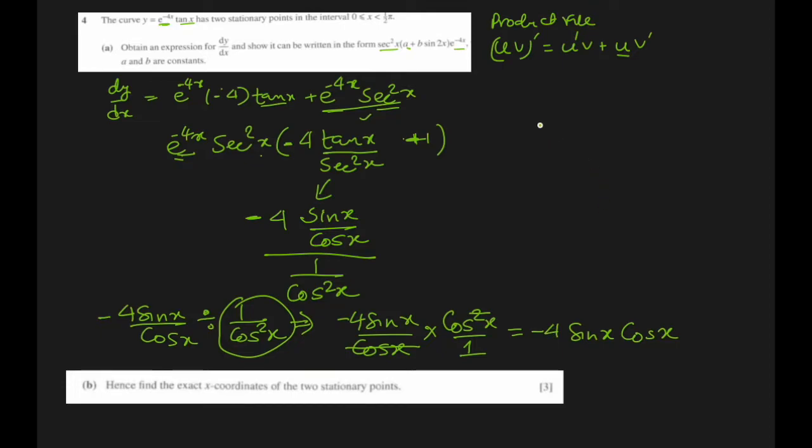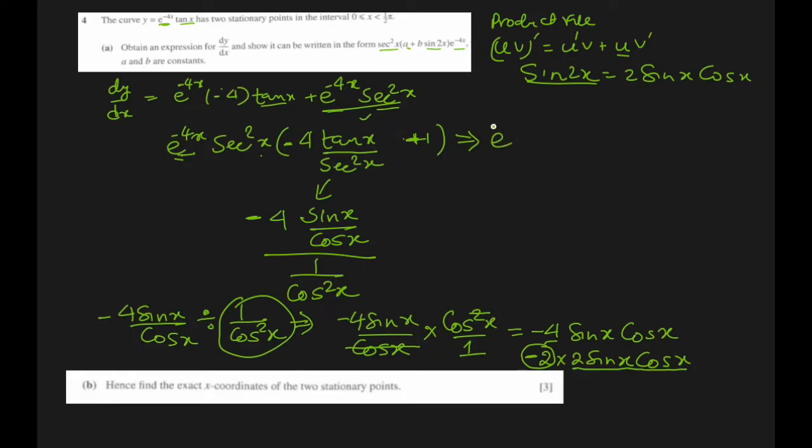Now, there is an identity, because we want sine 2x, right? So sine 2x is 2 sine x cos x. Correct? So can I write this one as minus 2 times 2 sine x cos x? And 2 sine x cos x is sine 2x. This minus 2 will be in front. So let's write this now properly.